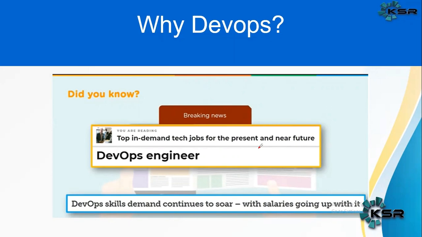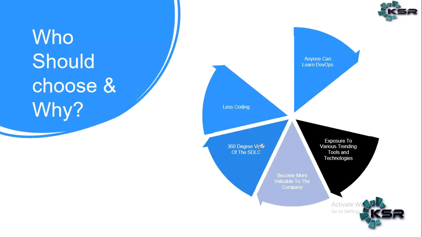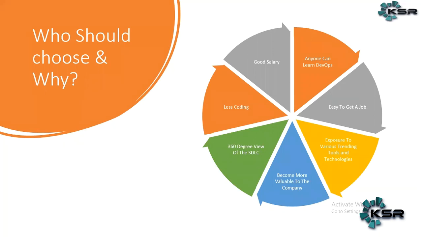And who should choose it, and why? For this answer I can say anyone can learn DevOps, because DevOps is there everywhere, and it has much scope, and also it has a good salary. Why? Because this person is doing multiple works that other people, let's say the operations team, are doing. He has implemented everything, he has good scope in different areas, that's where he is going to be picturized.